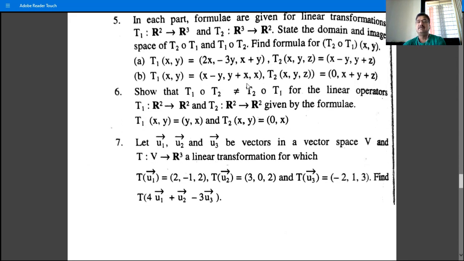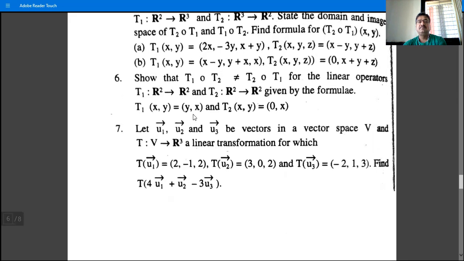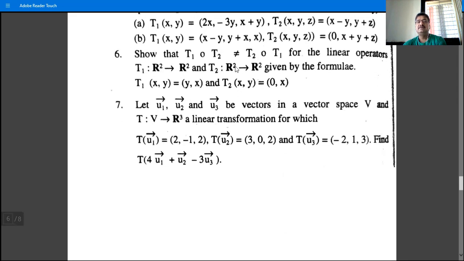T1 and T2 are given. So there are two problems. Then show that T1 circle T2 is not equal to T2 circle T1 for this example. So the composition of two linear transformations is not commutative. Here T1 is from R square to R square, T2 from R square to R square, and therefore T1 circle T2 and T2 circle T1 are both defined.